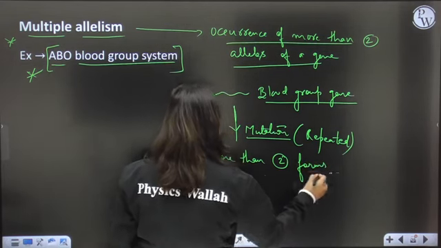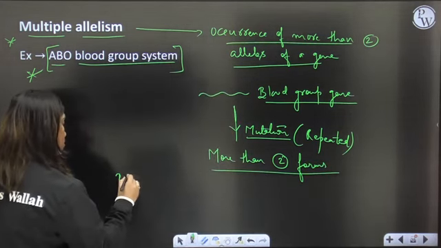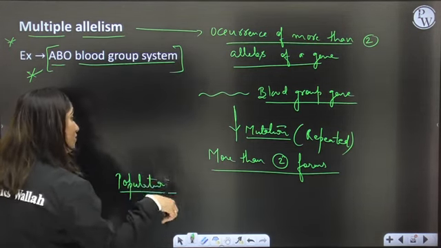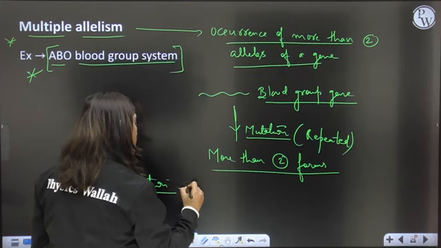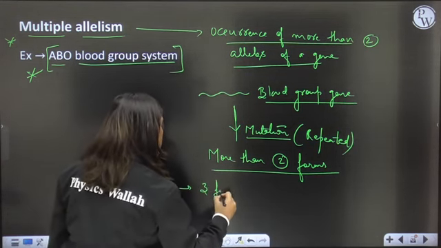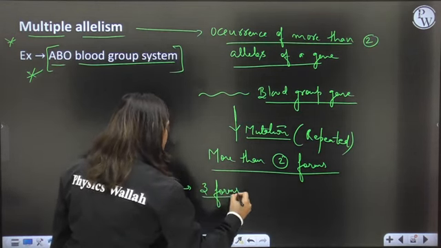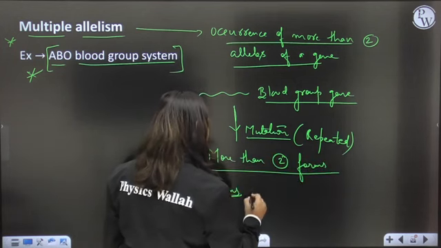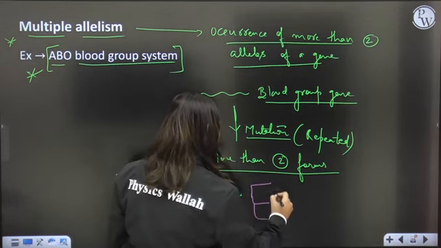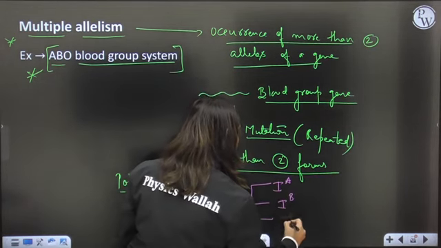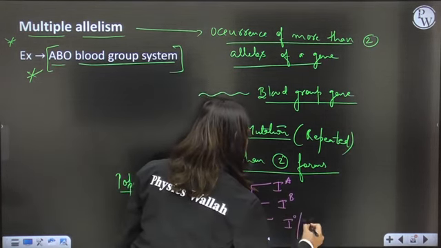Now, what is the result? In a population, how many forms of the same gene do we have? Taking the example of blood group genes, we have three forms: IA, IB, and IO, also written as small i.